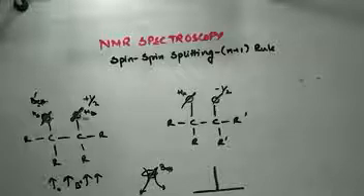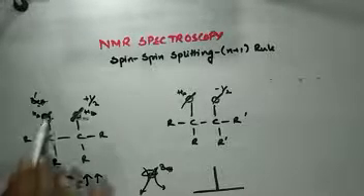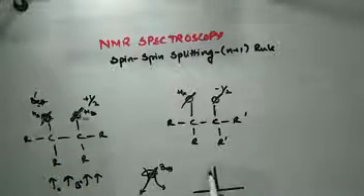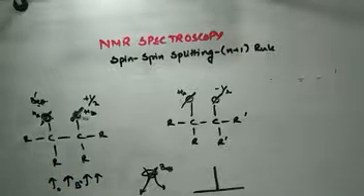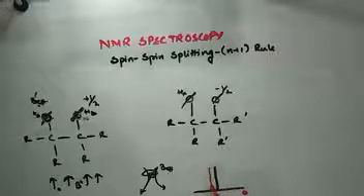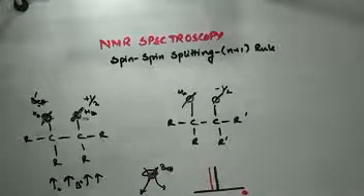Since it is experiencing more magnetic field, the signal will come downfield compared to a normal nucleus without any adjacent nuclei.